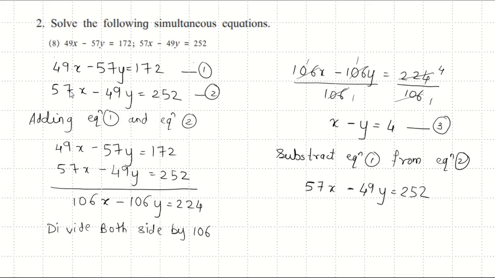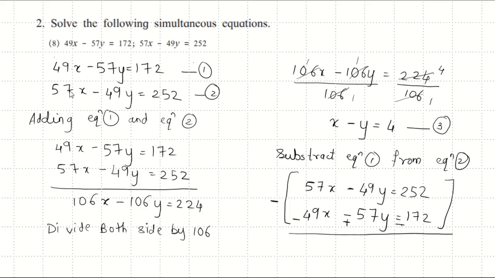Always cross check if the equation we have written down is correct and matches with the one given in the question. 49x minus 57y is equal to 172. As we are subtracting this, 49 will become minus 49, minus 57 will become plus 57, plus 172 will become minus 172. On solving it further, we will get 8x plus 8y is equal to 80.